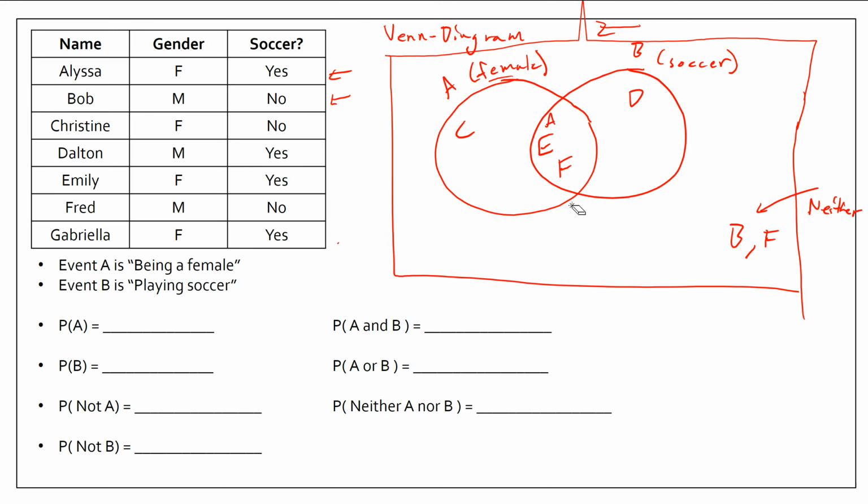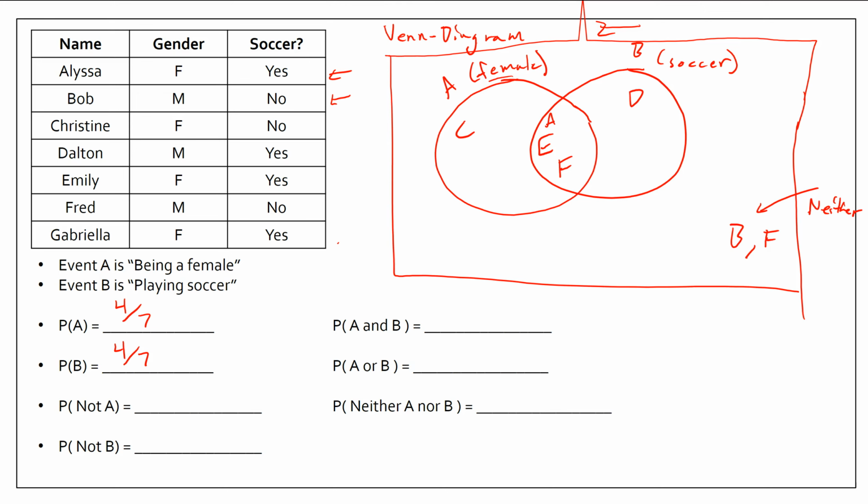Of course, we have 4 people. So it's going to be 4 out of how many total people? 7. For the probability of event B, we look at the B circle. Again, 4 people. And just so you know, I'm including the people in the overlap. I'm including everybody in that circle.